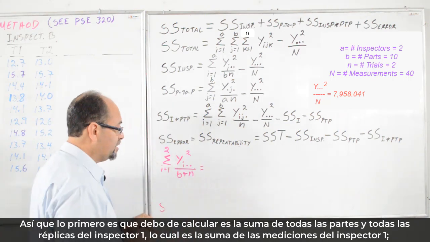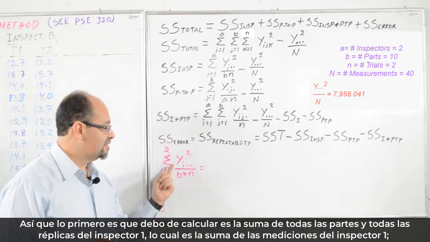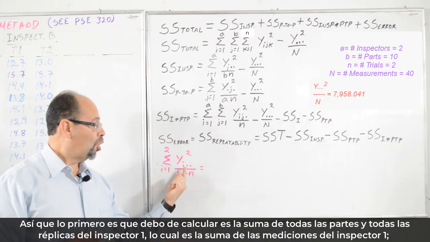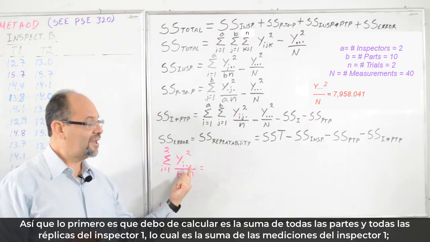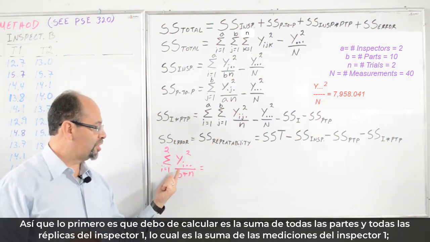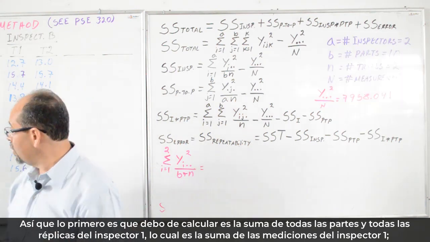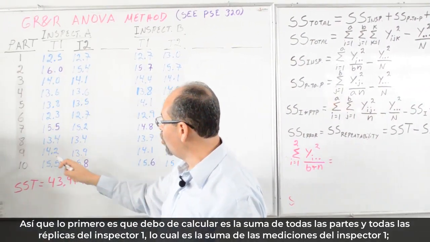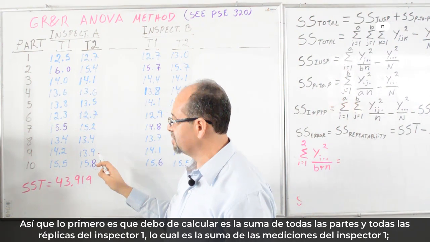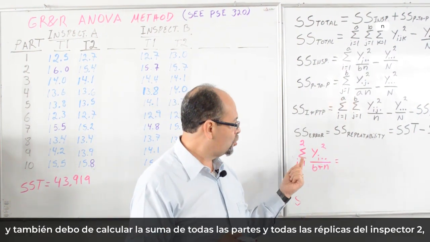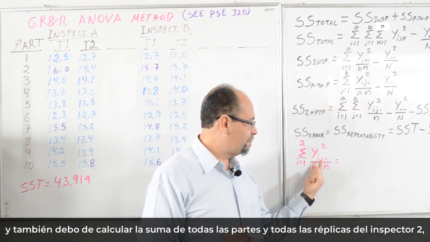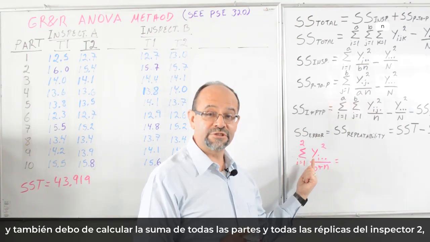Well, the first thing is that I have to get the sum of all the parts, all the trials for inspector 1. And that will be the sum of all of these measurements. And also I'm going to get the sum of all the parts, all the trials for inspector 2.